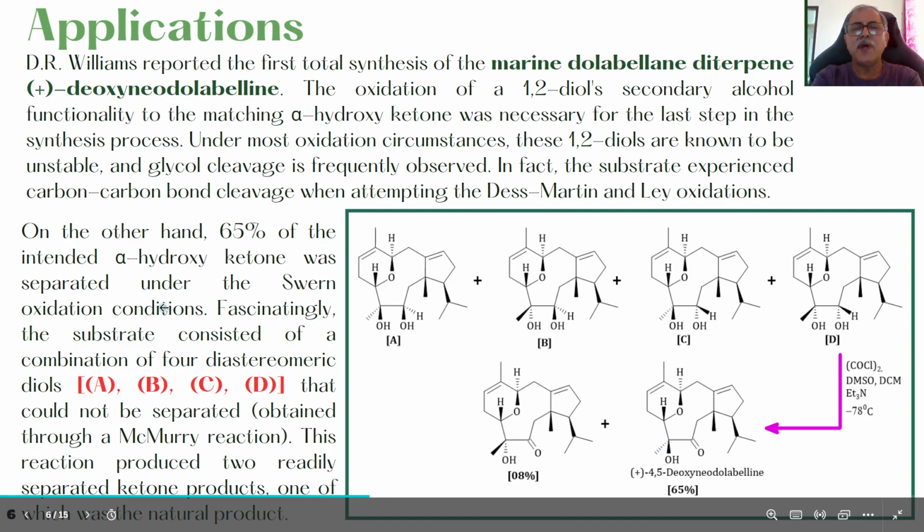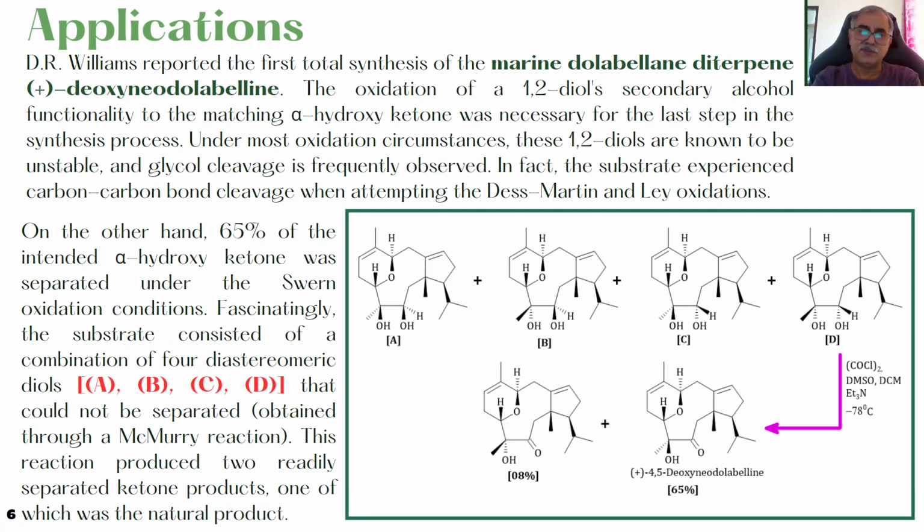Then there are many applications of Swern oxidation, and the most important application is that Swern oxidation is used as one of the steps for the synthesis of many types of biologically active substrates.